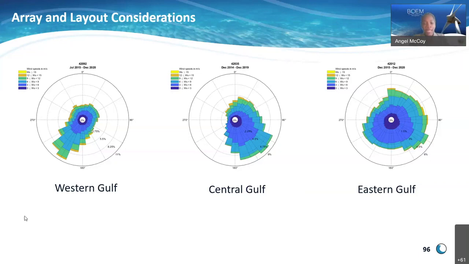And last but not least, looking at the area offshore Mobile, Alabama, there's some more flexibility in layout here. And based upon the frequency of higher wind speeds, again, coming from the east and the north, I would lean towards more facilities facing that east, that front row facing the east or the north. But there's more flexibility in those areas to take advantage of that wind resource and the diversity seen in it. Next slide.